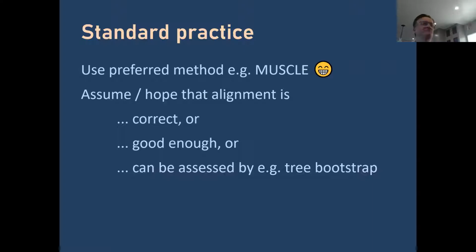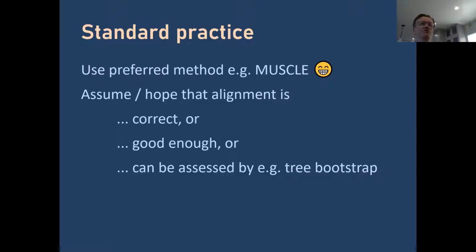They might try and adjust it by hand, but whatever you do, you proceed on the assumption or the hope that the alignment you have is good enough for whatever analysis you want to do, or that whatever problems it has, you can deal with through tree bootstrapping or something like that. But it's a gaping hole in the field, really.